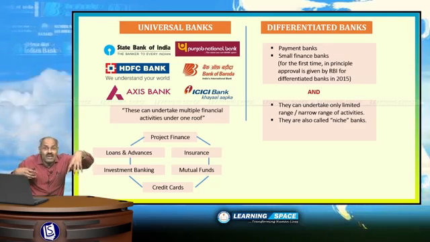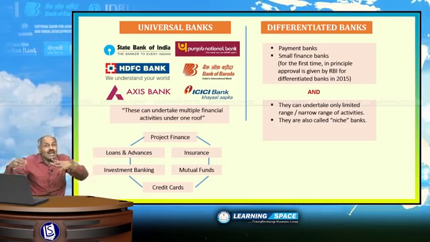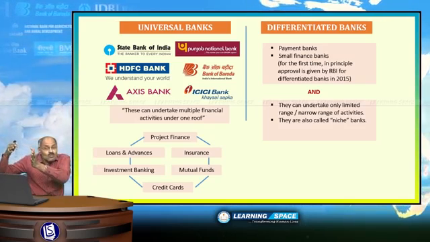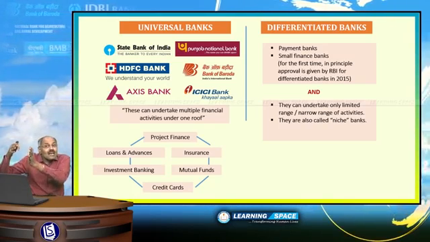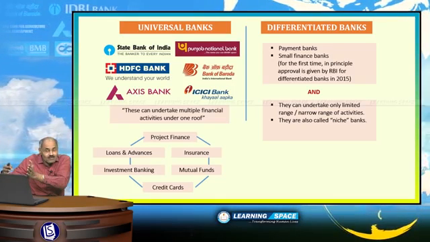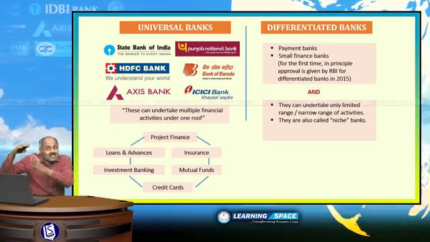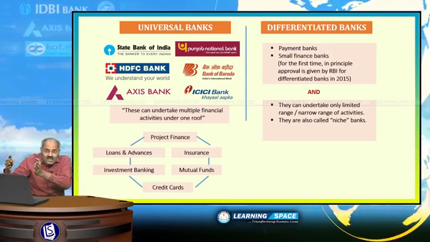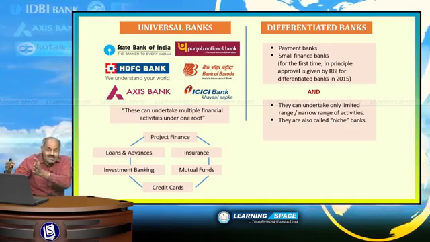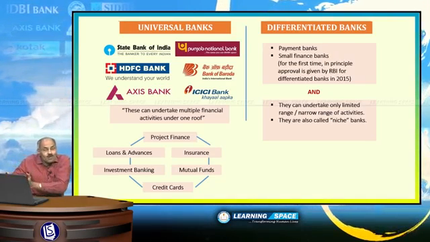Similarly, small finance banks, their main core area will be lending to small artisans, lending to small firms, with the value of loan not exceeding a certain limit. These are called differentiated banks because they can operate in only a narrow sphere of operations.